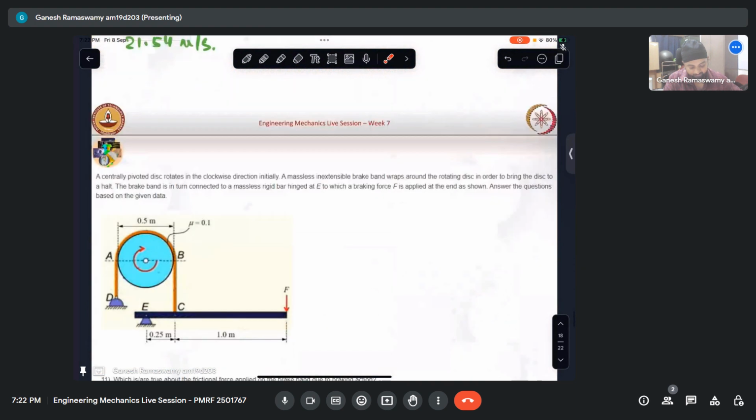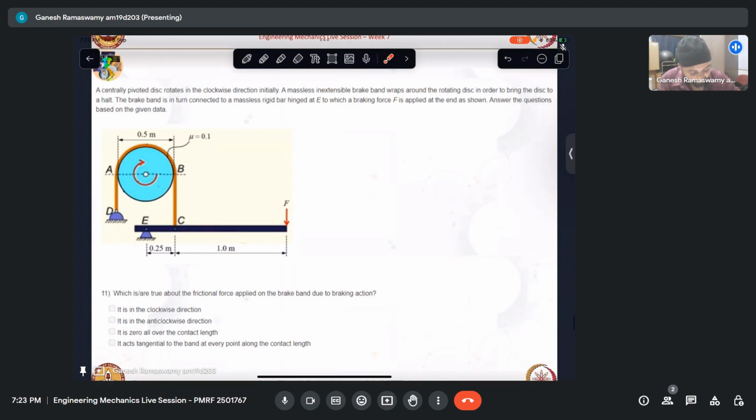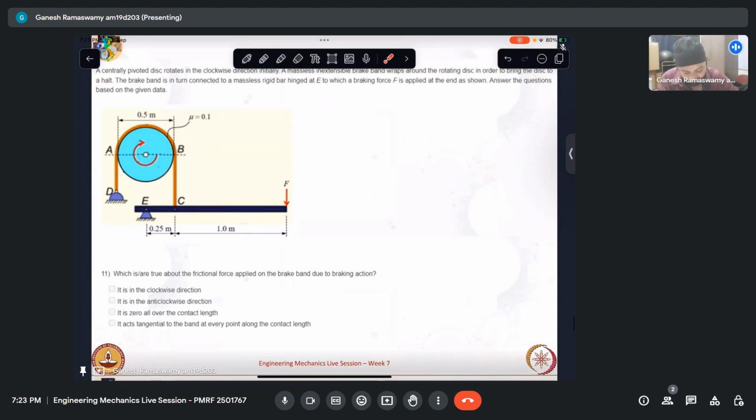Okay, so let us look at this question. Now a centrally pivoted disk rotates in the clockwise direction. So I have a disk which is rotating in the clockwise direction initially. A massless inextensible brake band wraps around the rotating disk in order to bring the disk to a halt. The brake band is in turn connected to a massless rigid hinge.